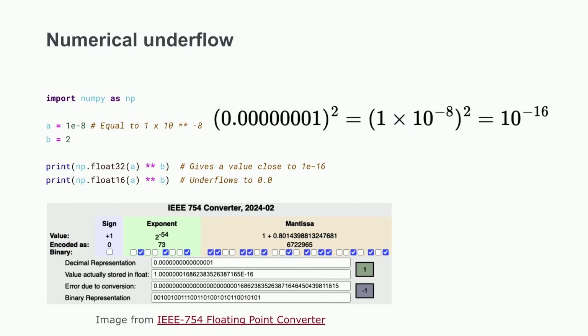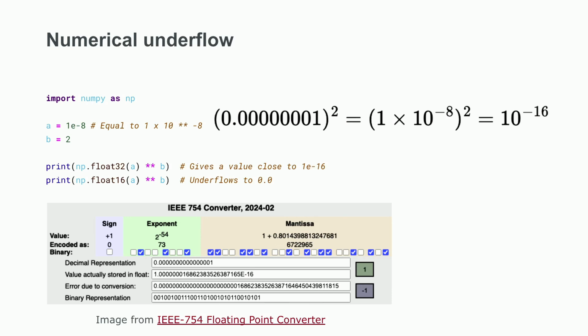This slide focuses on the core issue of numerical underflow, how we have trouble representing very small numbers in computers due to the fact that we have a predefined amount of bits that we use to represent them. If we have a very tiny number, 10 to the power of minus 8, and then we try to square it so that it becomes 10 to the power of minus 16, this is something that we're going to be able to represent with 32 bits, but we're not going to be able to represent with 16 bits.